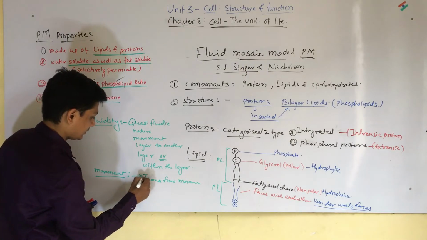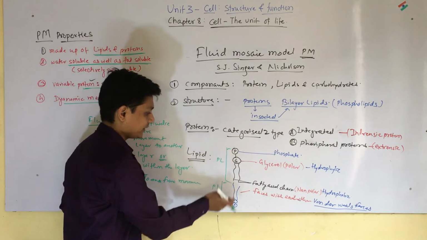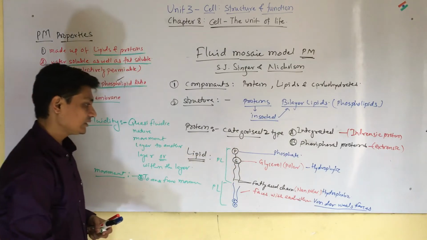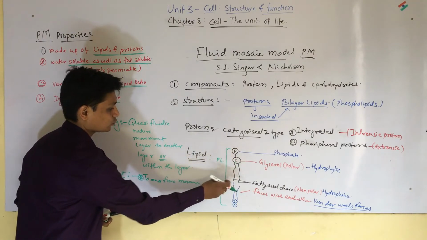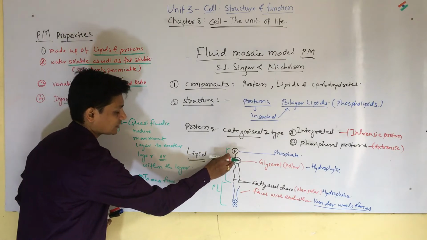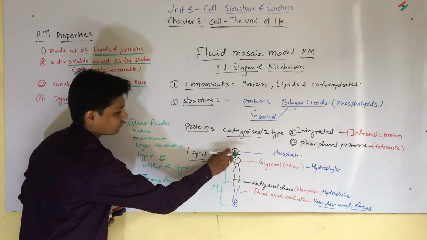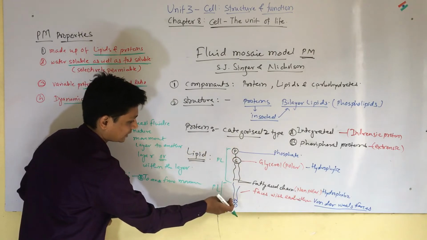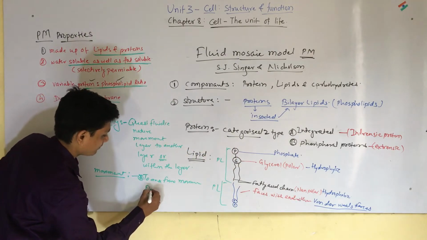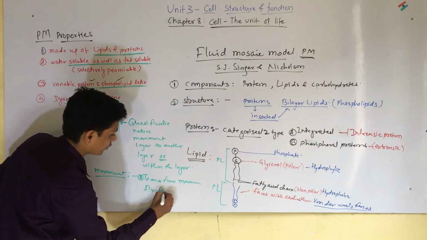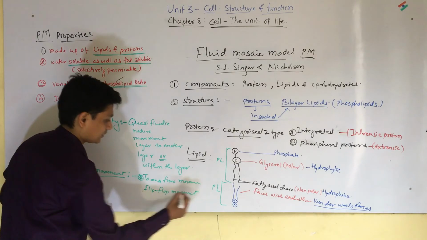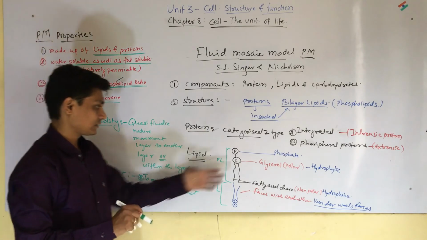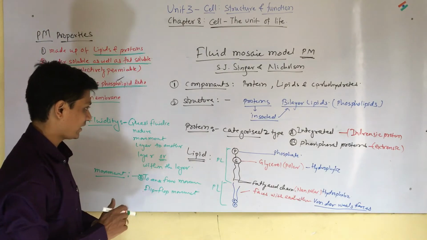And the second one is if the phospholipid moves in between the two layers, meaning the phospholipid changes its position from this layer to the other, that is known as flip-flop movement. These are the two movements given by the lipid bilayer.